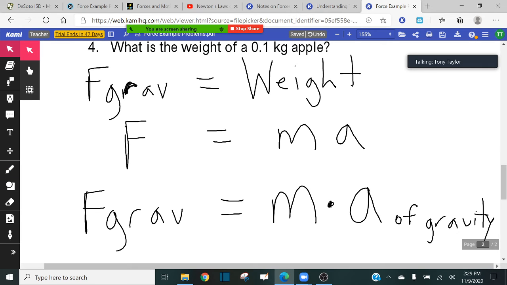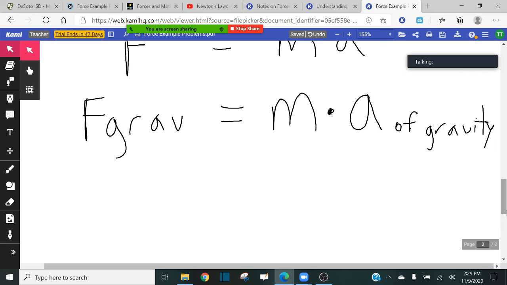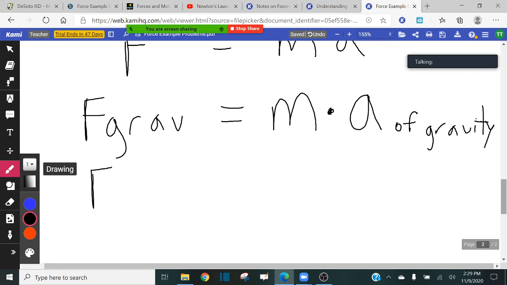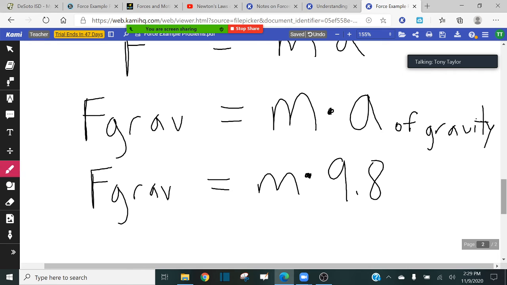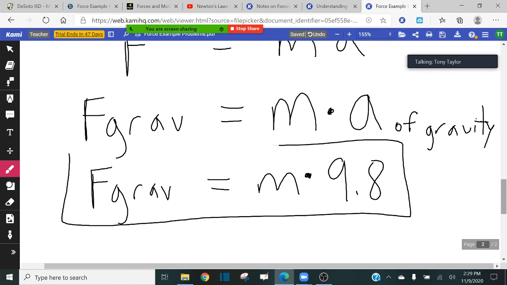So in this case, force of gravity is equal to mass times the acceleration of gravity. What is the acceleration of gravity? Yeah, I just said it. It's 9.8. So basically, guys, this is a very important equation that we're going to be using throughout the year. Anytime we want to know the magnitude of the force of gravity pulling on an object, we just take that object's mass and multiply it by 9.8.